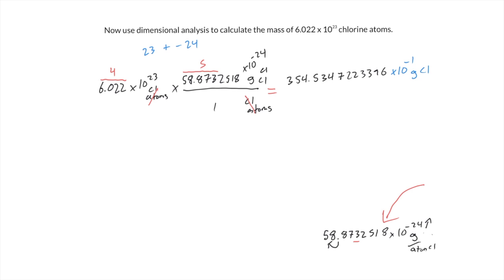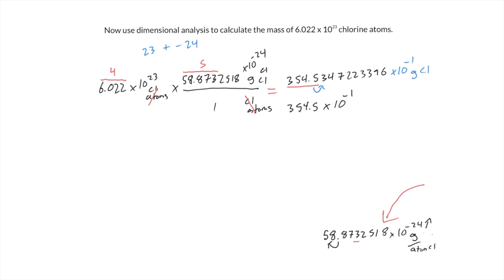Right? So, we know that this needs to go to 4 sig figs. And we need to round that 5. Oh, it's going to stay the same. 354.5 times 10 to the negative 1.